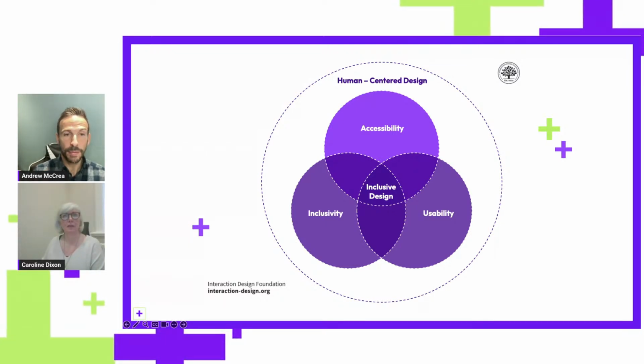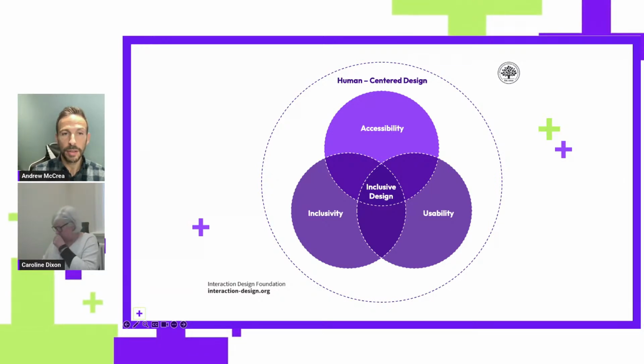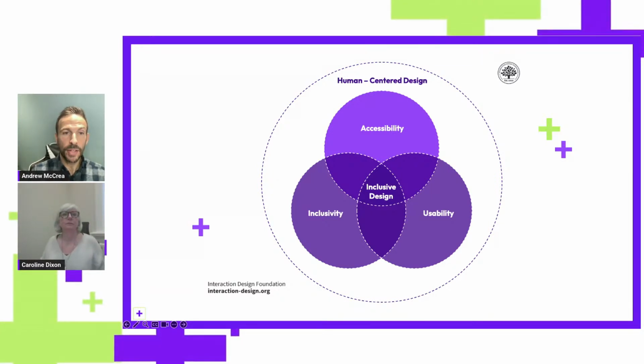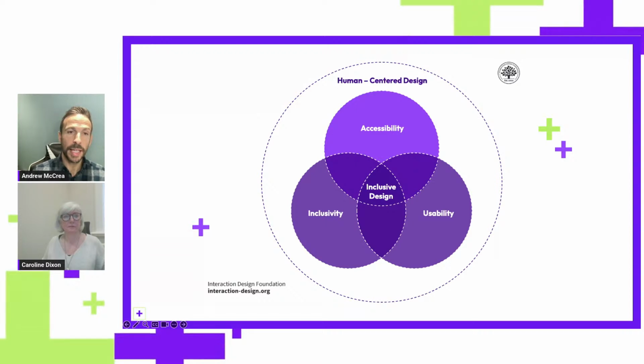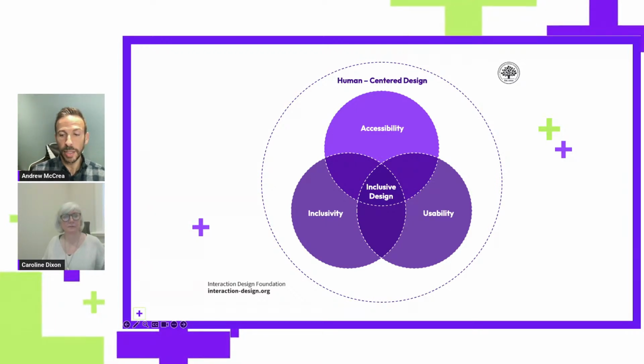But then it's inclusivity in the mix as well, which looks at all different people, their characteristics, their diversity, and also some of their constraints and limitations. And that's where inclusive design will actually live and develop properly, when it's blended between accessibility, inclusivity, and importantly, usability.